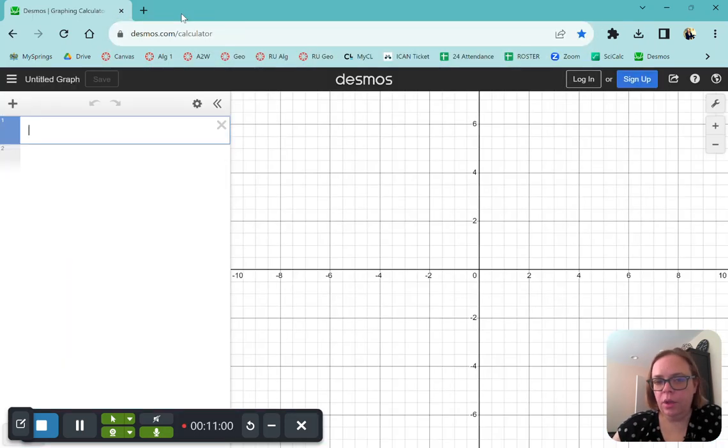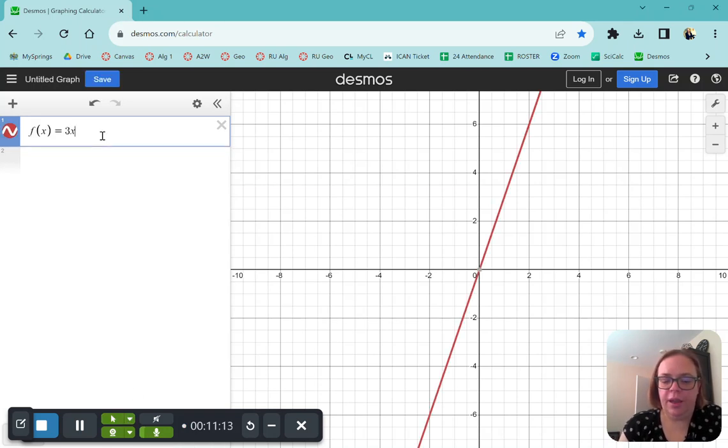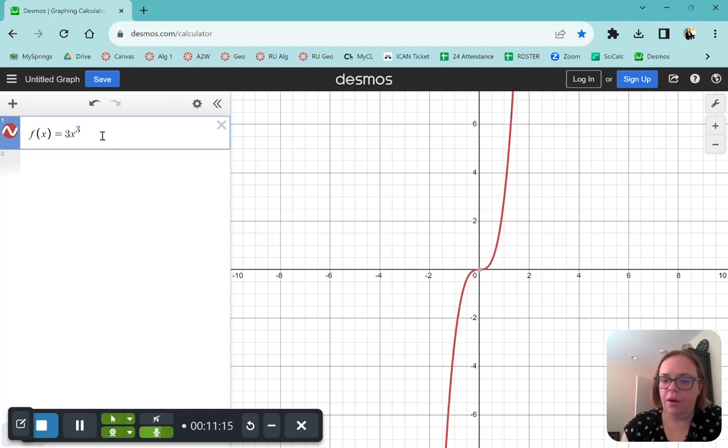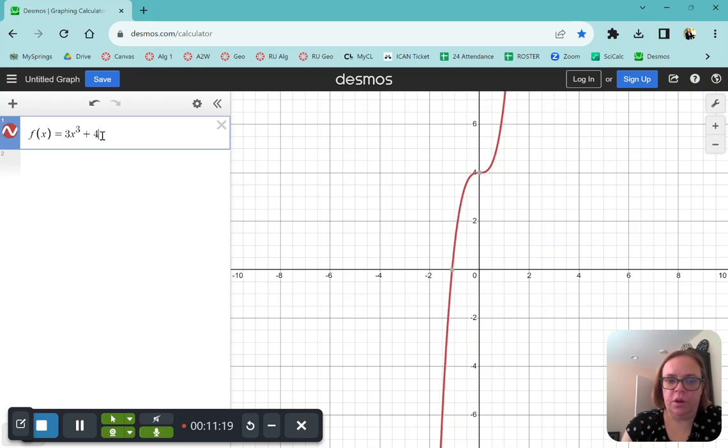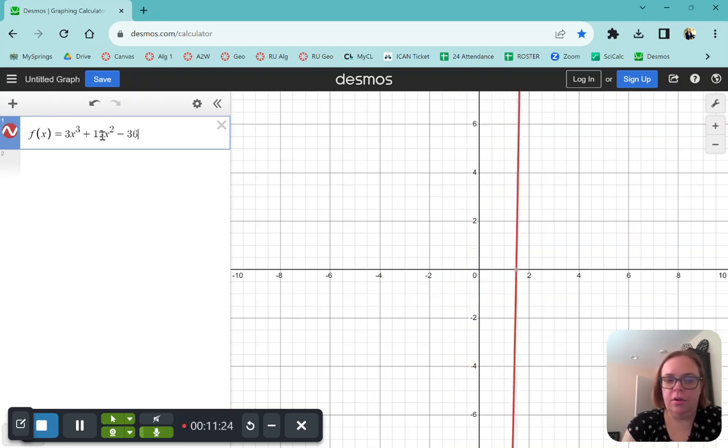We can see how it looks. So we can do f of x is equal to 3x to the third power plus 12x squared minus 36x.